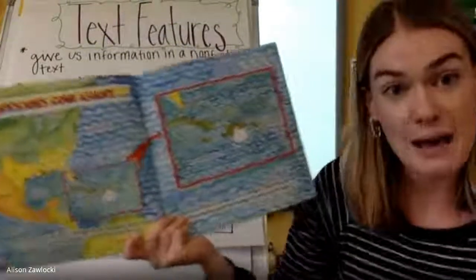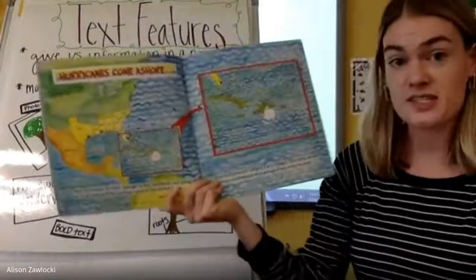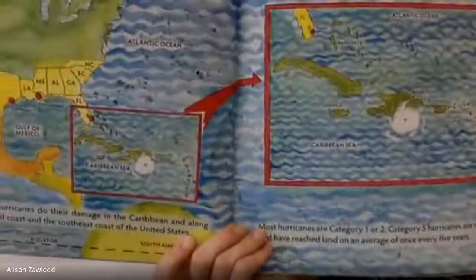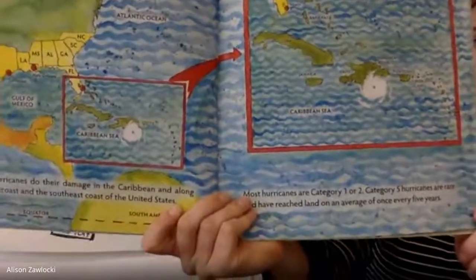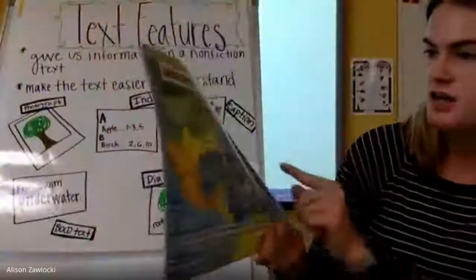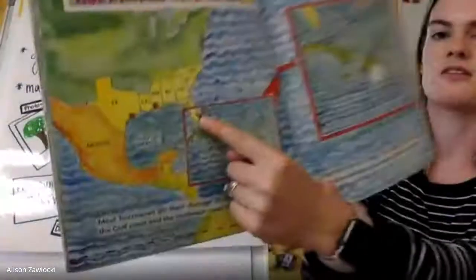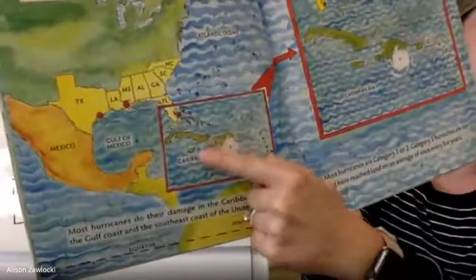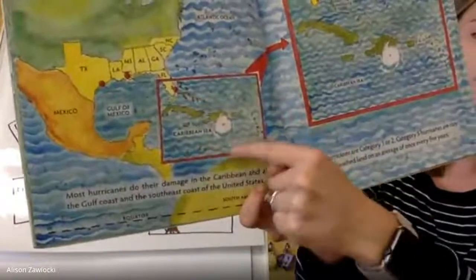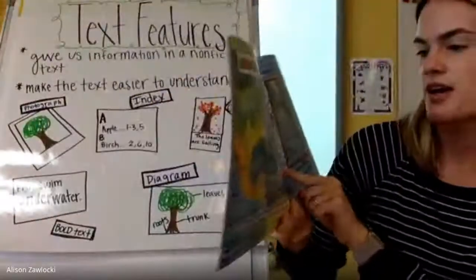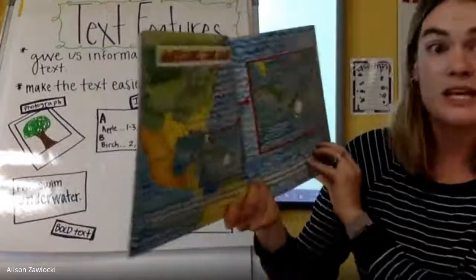That's right, a map is shown on these two pages. So this helps us better understand where hurricanes form on a map, just off of Florida. Notice here, many hurricanes form. So we see right there, it zooms in for us, just off of Florida near the Caribbean Sea.